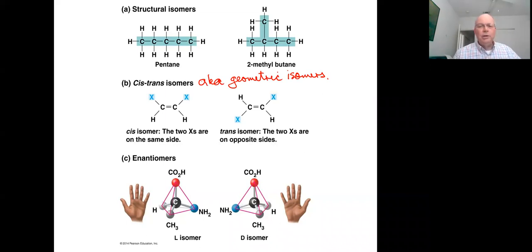Chemically, and you would learn this in an organic chemistry class, which some of you may very well be taking in the future if you're getting a biology degree, you will have to take organic chemistry. You'll learn them as geometric isomers because that's the chemical term that we use for them. And the key feature here, and this is really important to recognize, is the presence of the double bond between the two carbons.